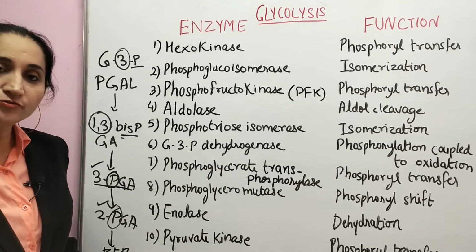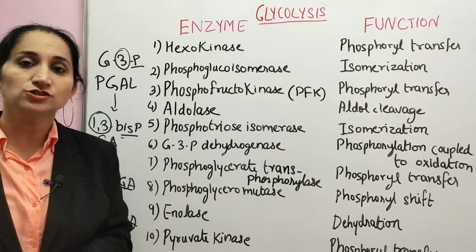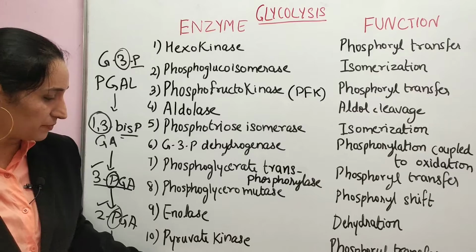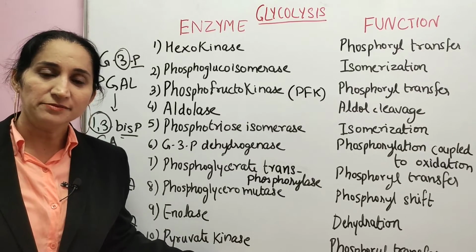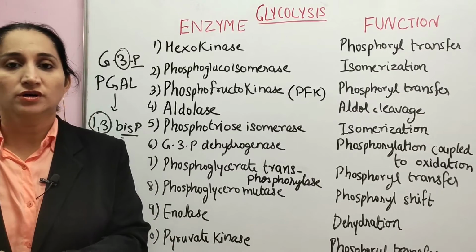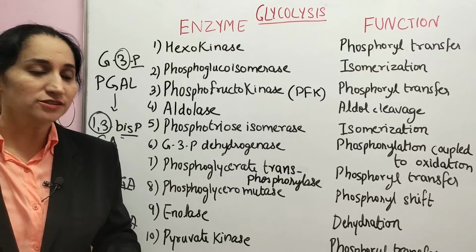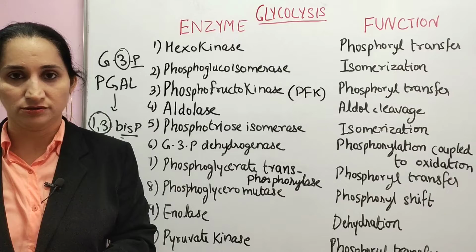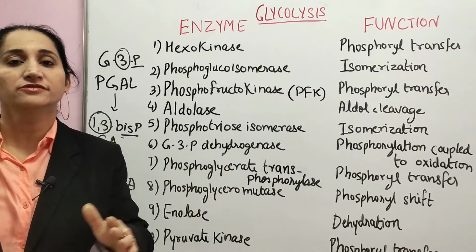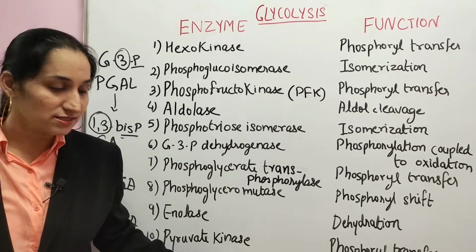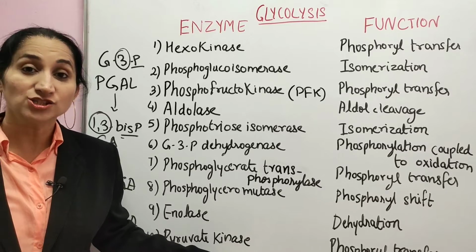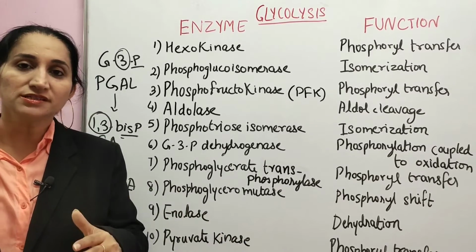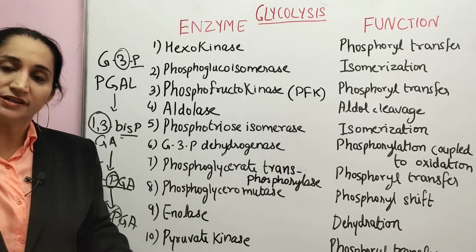So conversion of PEP to pyruvic acid is the last reaction, and this reaction was catalyzed by the enzyme pyruvate kinase. Kinase enzyme adds phosphate to another molecule. So in short, the function is phosphoryl transfer. Again, the last reaction was substrate level phosphorylation, and the action of this enzyme is inhibited by high levels of ATP. So this leads to negative feedback of pyruvate kinase.